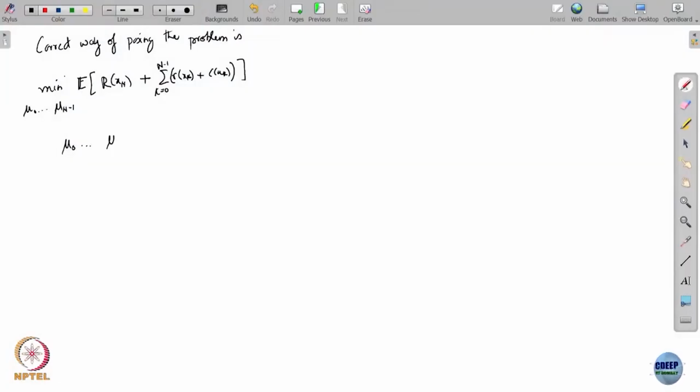So, this mu 0 to mu n minus 1 that I have written here, this is what is called a policy, okay, and it is often denoted by pi.